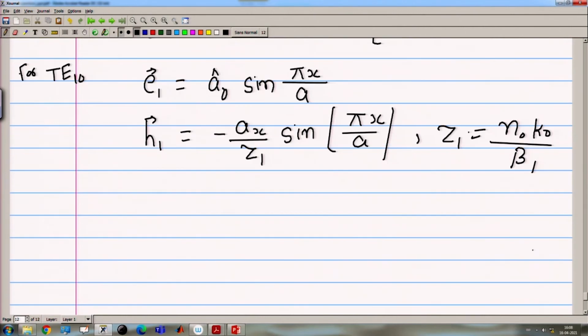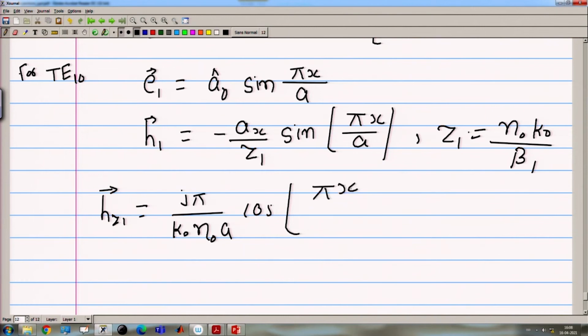And for this case, Hz1, the modal fields can be obtained, these are the normalized fields in the rectangular waveguide, Hz1 equal to j pi divided by k naught eta naught A cos of pi x upon A. So, this will be Hz1.